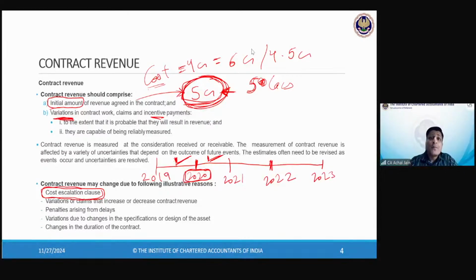Now, this cost escalation, this cost increase, is what the contractor will want to be compensated for, because the contractor will say that for this cost escalation I should be compensated. But was this cost escalation agreed at the beginning of the contract?